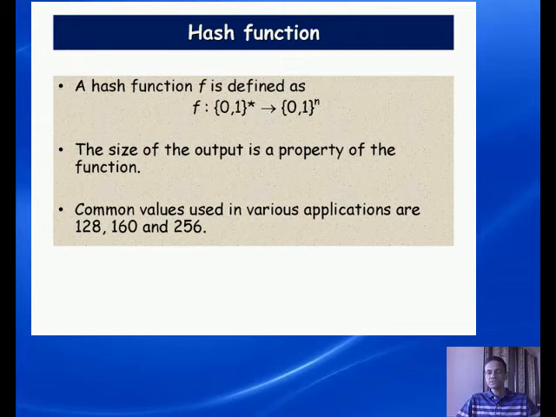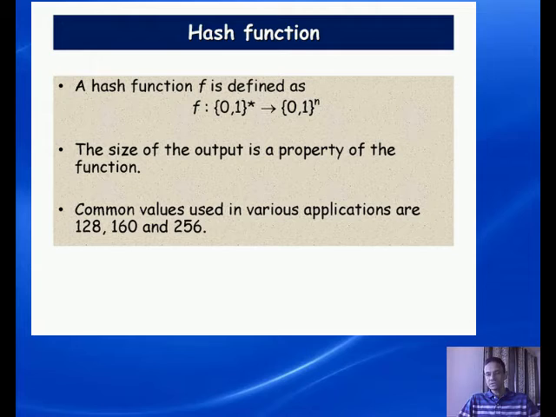The second property is the collision resistance property. Collision resistance says that you will not find any two messages M1 and M2 such that hash of M1 equals hash of M2. So it is a computationally intractable problem to find any two messages that give the same hash value or same digest value.